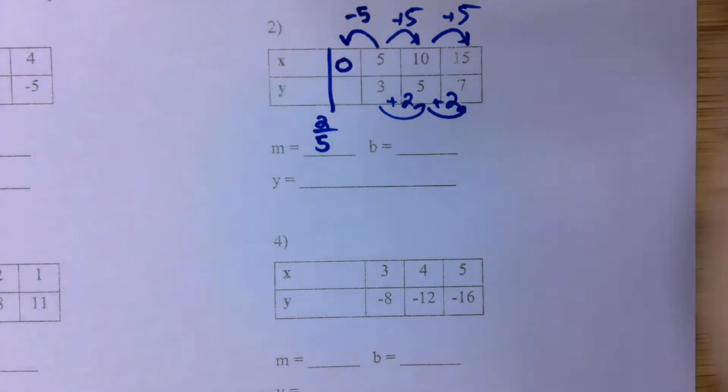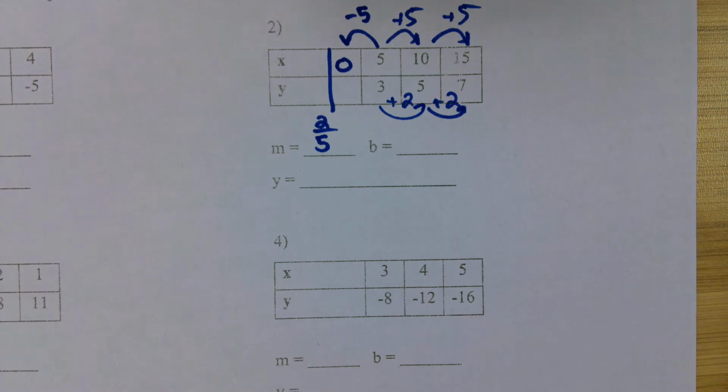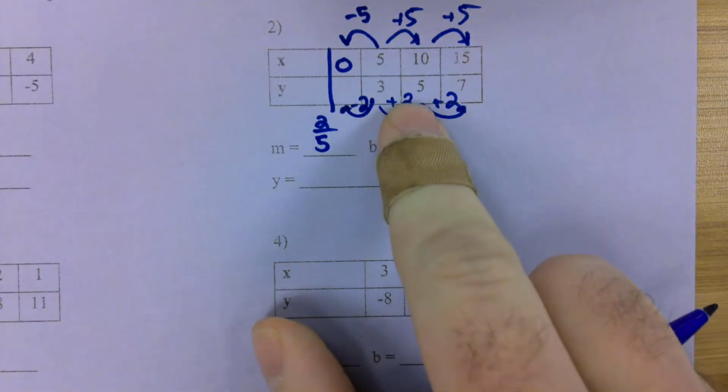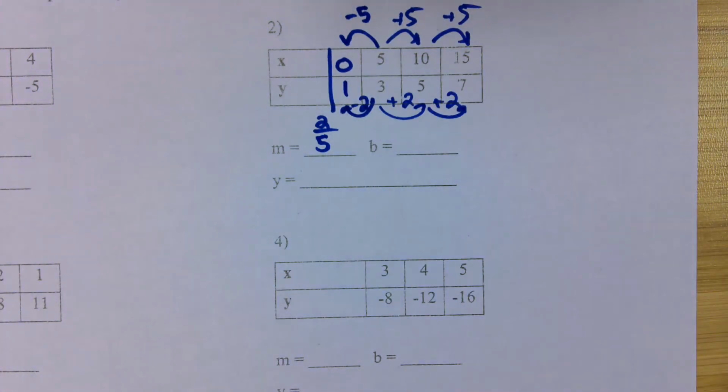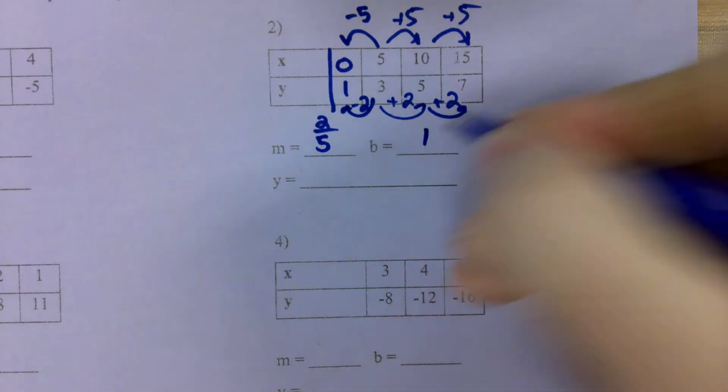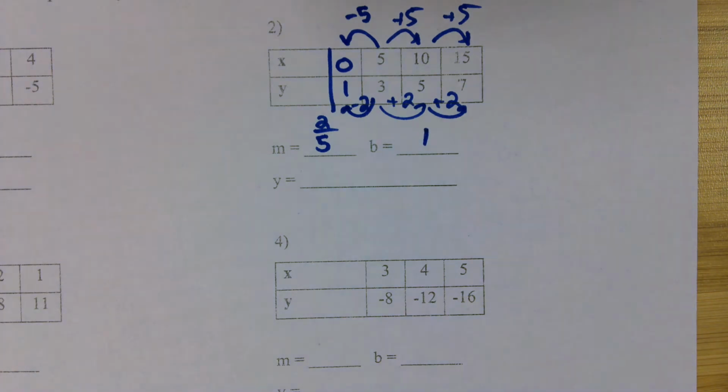That gives us the x value of 0 that we want. And when we subtract 2 on the bottom, instead of adding 2, we land at just 1. So our y-intercept is at the point 0, 1, making our b value equal to just 1.